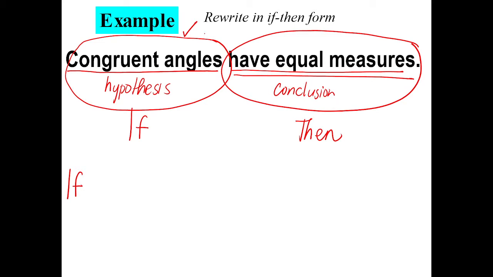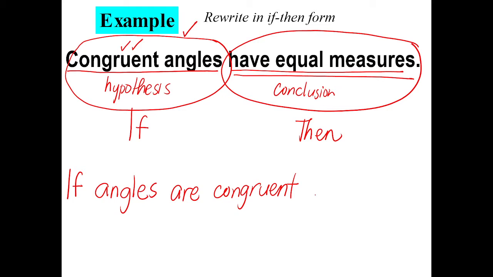Tanawang if part. Unsay main subject? One word na siya. Angles. So, meaning, if angles, unsa man nga kain nga angles? So, meaning, if angles, unsay sumpay, are congruent. Gidescribe na kung angles. If angles are congruent, then, sige, then ta.